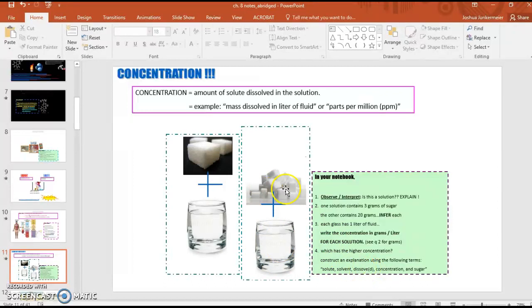Dissolved, which is anytime something dry breaks down and disappears into a fluid. And concentration. You could say this one has a higher concentration because it has more solute in the solvent, and you could say what is dissolving in it. So use these words to explain that this one has the higher concentration. Good luck. That's slide 11.